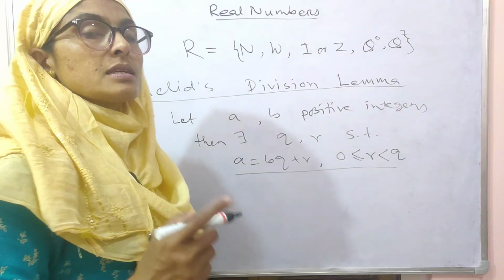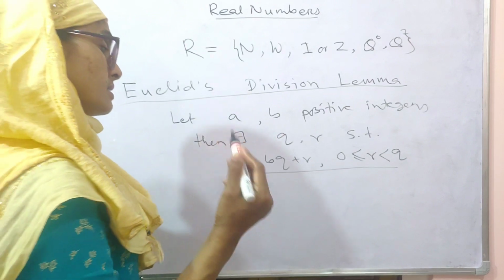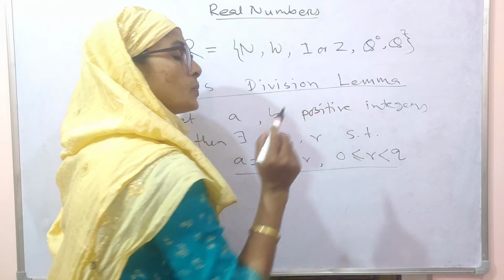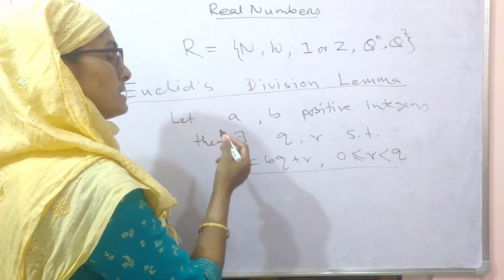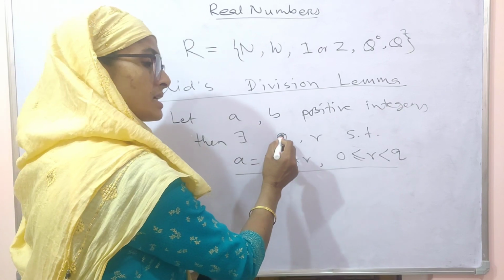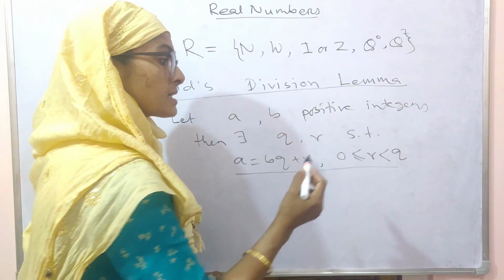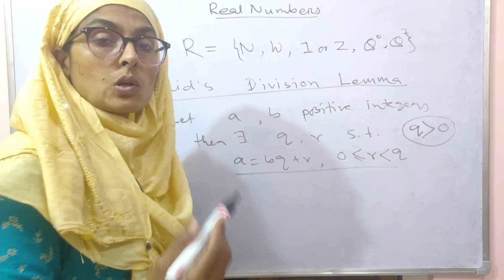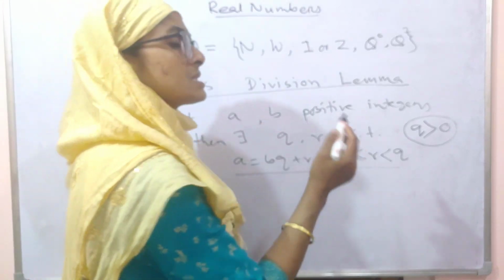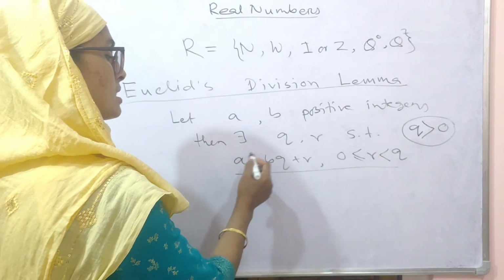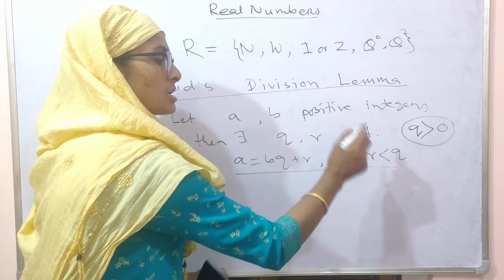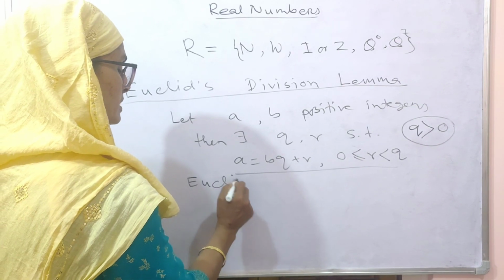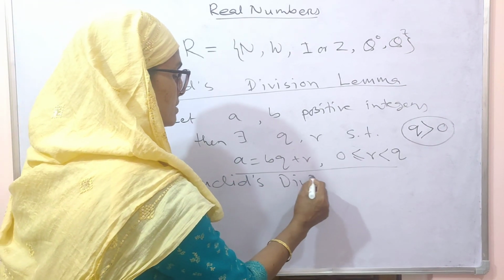And another is Euclid's division algorithm. What is Euclid's division algorithm? Here a and b are two positive integers, and then there exist unique integers q and r, and q is greater than 0. Remember this one. q is always positive. For Euclid's division algorithm, a equals bq plus r, 0 less than or equal to r less than b.